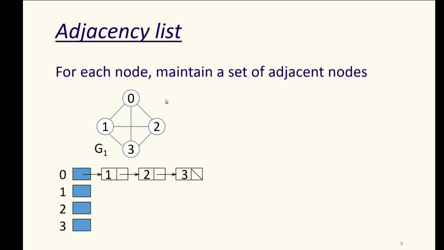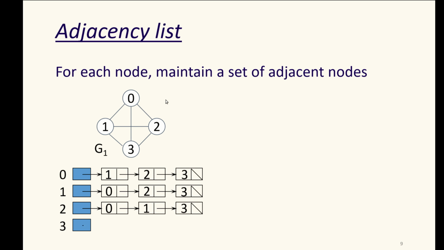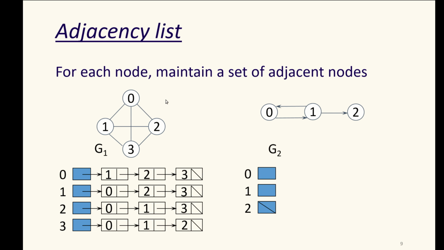The list for 1 would contain 0, 2, and 3. 2 would contain 0, 1, and 3. And 3 would contain 0, 1, and 2. And that shows us all edges, and through each row shows us all vertices. This graph here is not quite so fully connected and is directed. So we need to know when we're making this kind of list whether it is a directed or undirected graph.